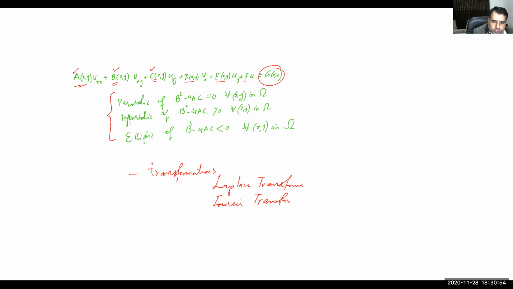But there are, of course, restrictions when you are using these transformations: equations should be linear, and there are certain other requirements. You have the classical tool, separation of variables, and there are, of course, other tools.